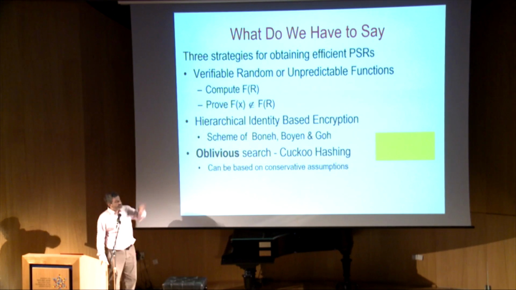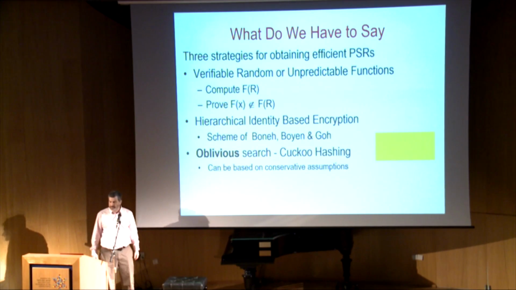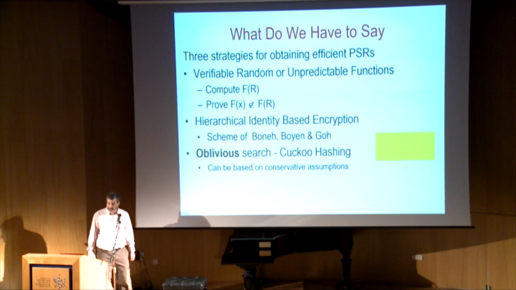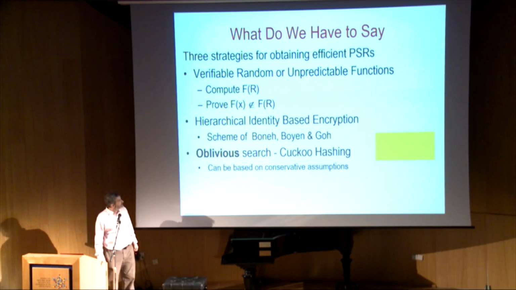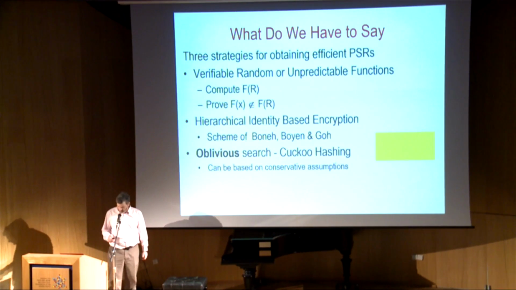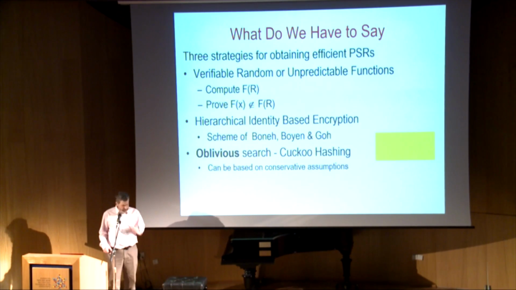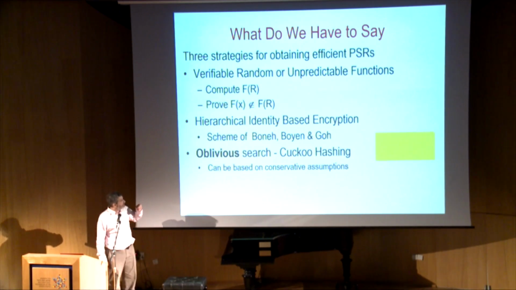Another strategy is hierarchical identity-based encryption. Specifically, we use the scheme of Boneh, Boyen, and Goh, and this is the one I'm actually going to describe. And the third one is based on oblivious search, specifically on cuckoo hashing.